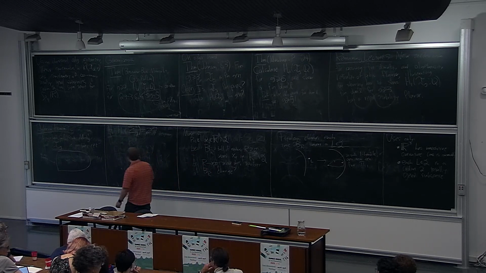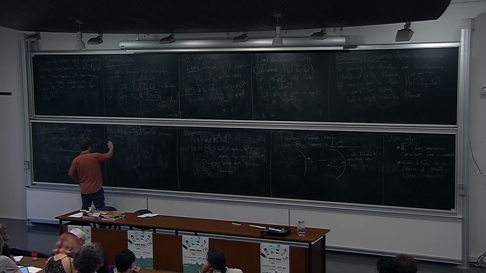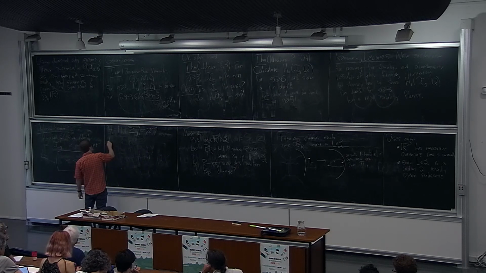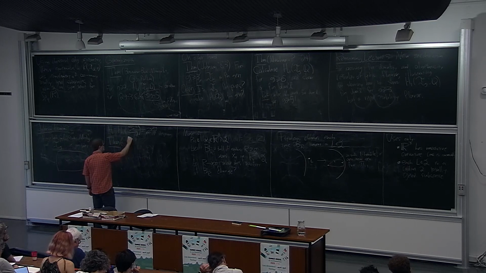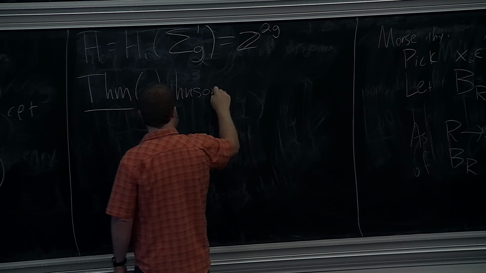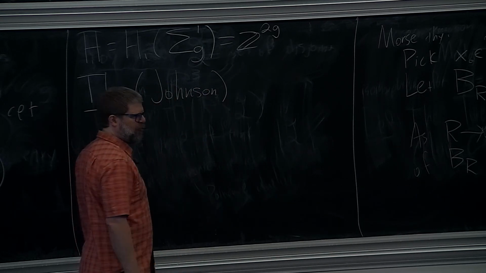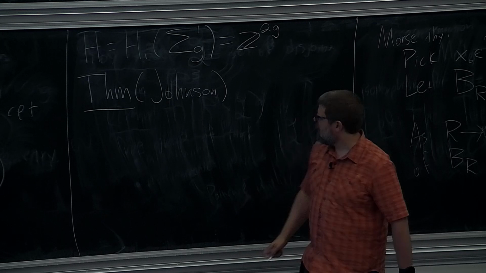And so here is what Johnson proved. This is a theorem of Johnson. I'm going to construct this isomorphism next time, but what did he prove?